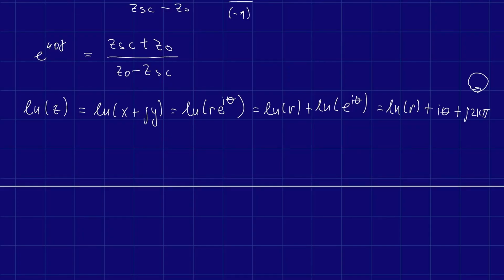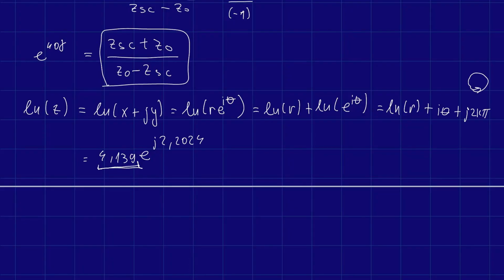So now if you put this fraction right here in the calculator, you would have something that is equal to 4.139 e to the j of this number right here. So this is our r right here, and this is our theta. I'll just write j everywhere so you don't get confused because it's the same thing.